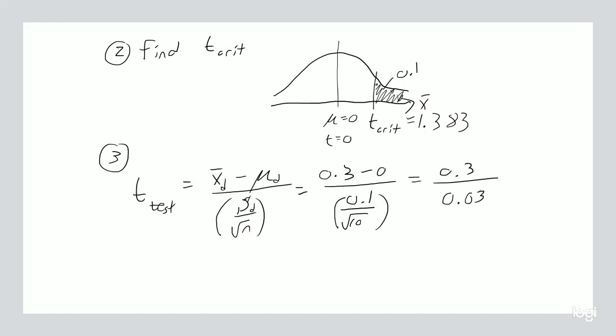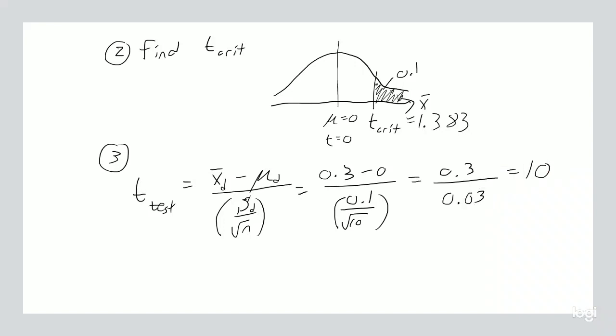So 0.1 over root 10 is 0.03, and 0.3 divided by the other gives us 10. Okay, now this is all going by 2 decimal places.